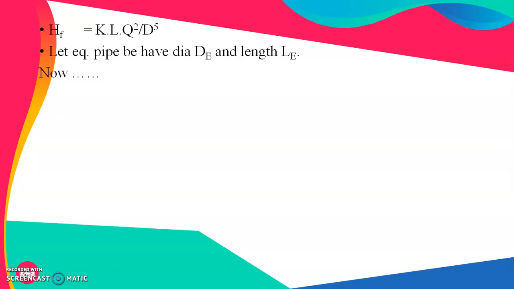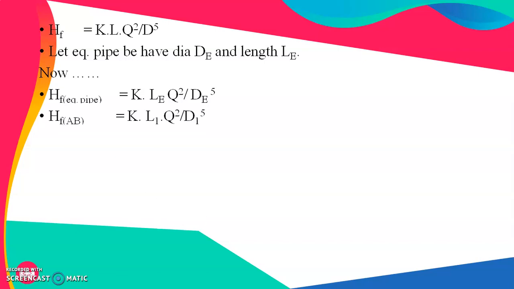Now head loss, as we have seen in previous slides, will be equal to KLQ square upon D raised to 5. So let the equivalent pipe have a diameter equal to D and length equal to LE. Now for the equivalent pipe, head loss can be expressed as HF of equivalent pipe equals K multiplied by LEQ square upon DE raised to 5.